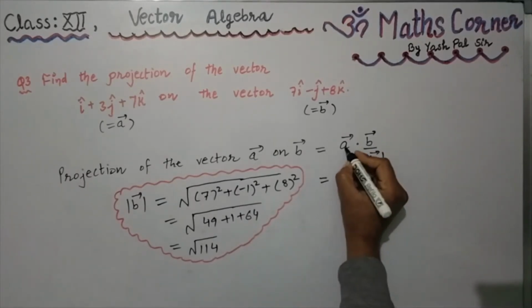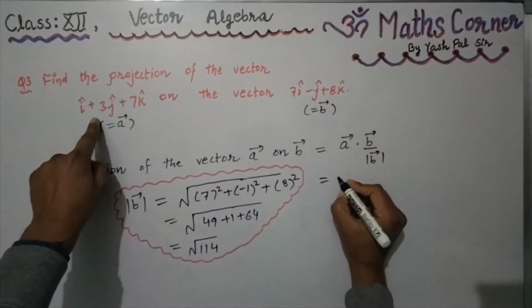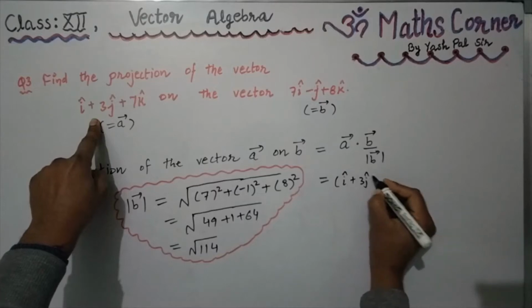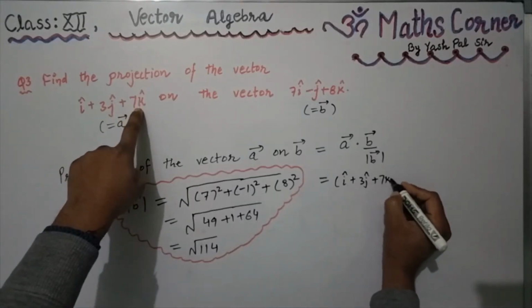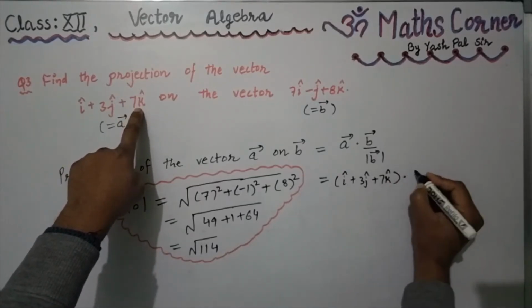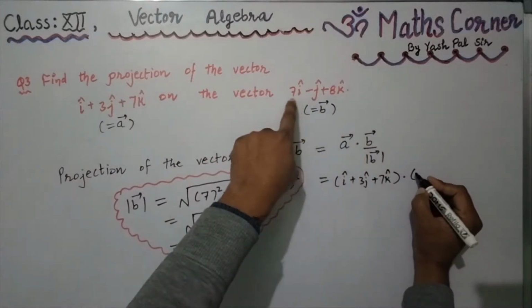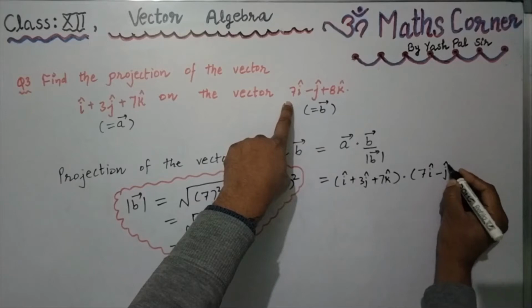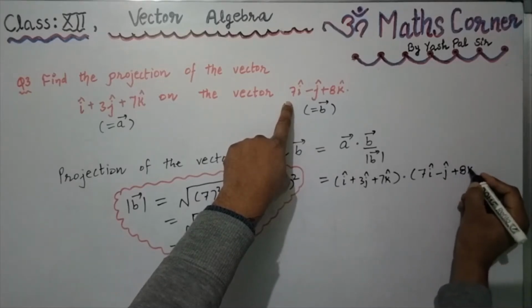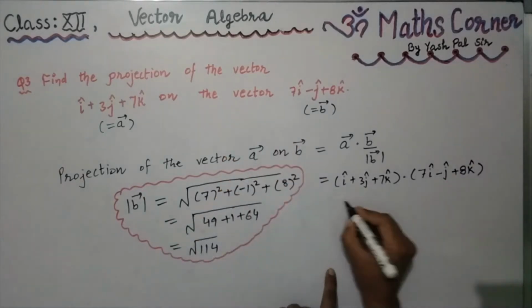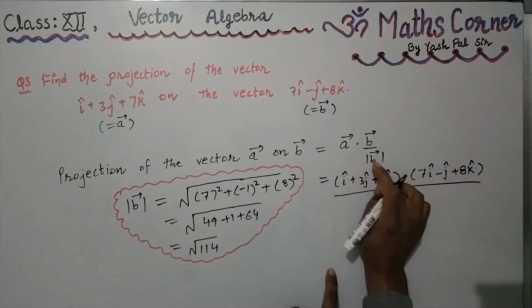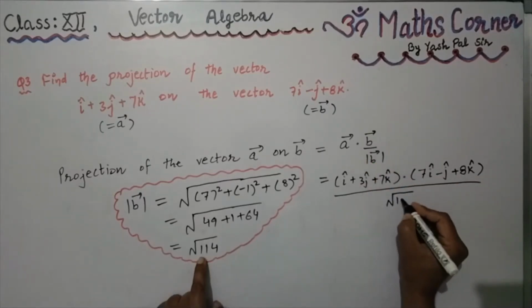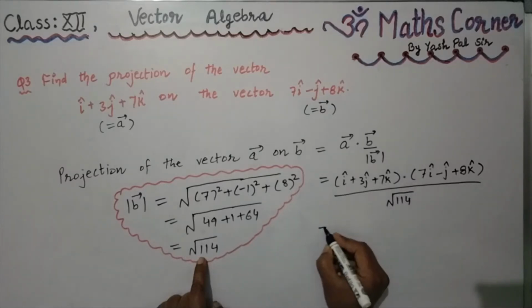We write vector A, which is i plus 3j plus 7k, dot product with B. B vector is 7i minus j plus 8k, divided by the magnitude of vector B, which is square root of 114.